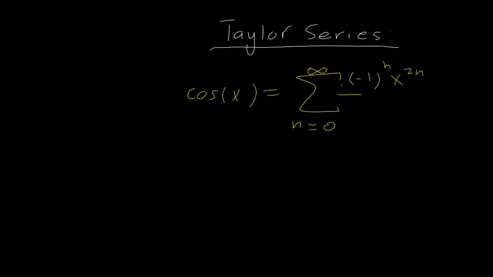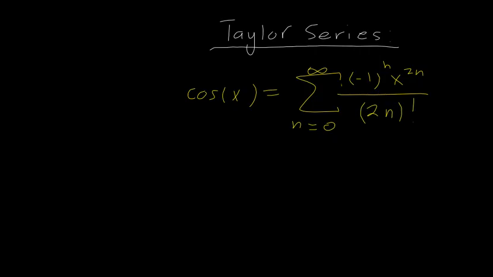For cosine: cosine of x is equal to the infinite series, the sum from n equals 0 to infinity of (-1)^n times x^(2n) all over (2n) factorial.